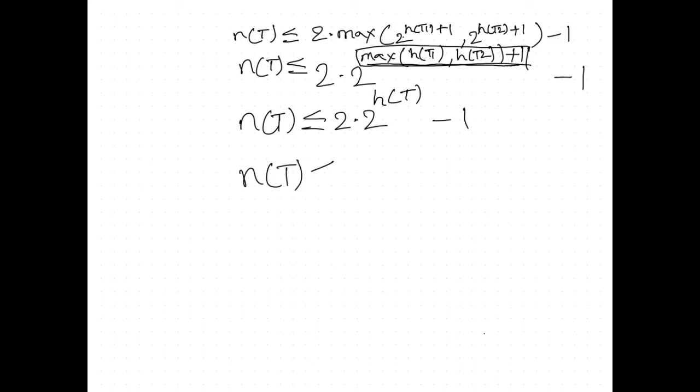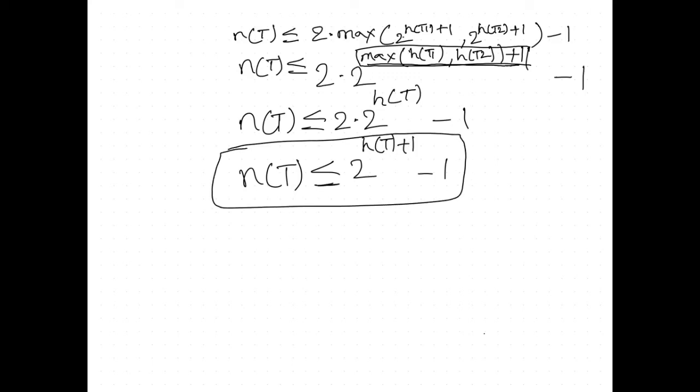Now I can write here, 2 is there. I'll just remove 2 and make it a power: 2 to the power of h of T plus 1, minus 1. Now we have proved it, right? This is what I wanted to prove by using structural induction. Hence I derived it, so the inductive step has been verified.